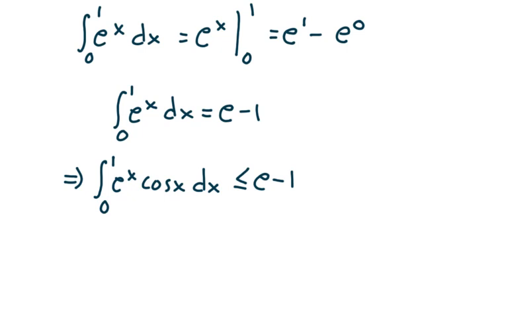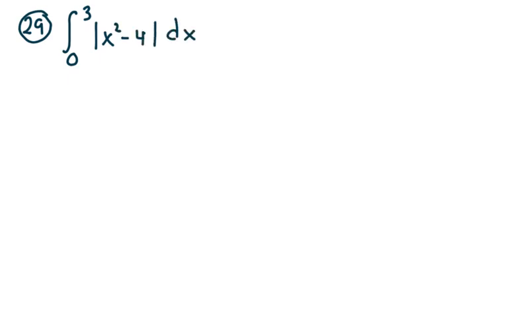If you take a look at problem number 29, 29 is interesting. So on problem 29, you get the integral from 0 to 3 of the absolute value of x squared minus 4 dx.